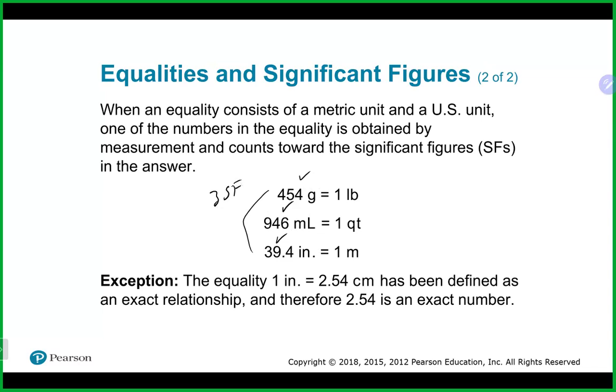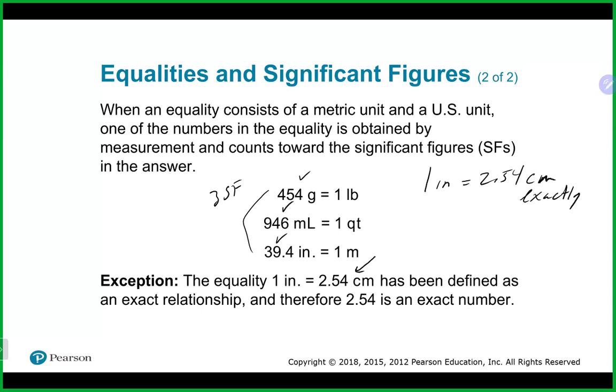The one sort of metric to English conversion that is considered an exact number is the one that we see here, and that is 1 inch is 2.54 centimeters. And sometimes people write exactly next to it to emphasize that that is an exact conversion. So if you're using that conversion in a calculation, the 1 inch is 2.54 centimeters, you don't have to worry about it.